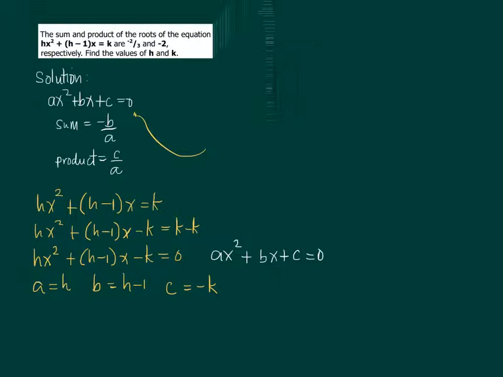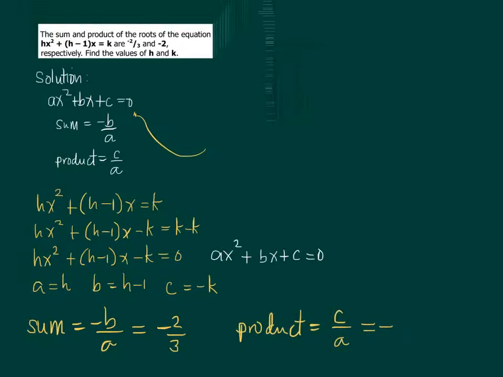It says they are negative 2 over 3 and negative 2 respectively. So this will imply that the sum, which is negative b over a, is equal to negative 2 over 3, and the product, which is c over a, is equal to negative 2.